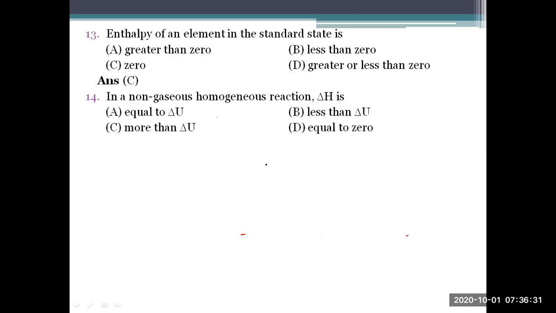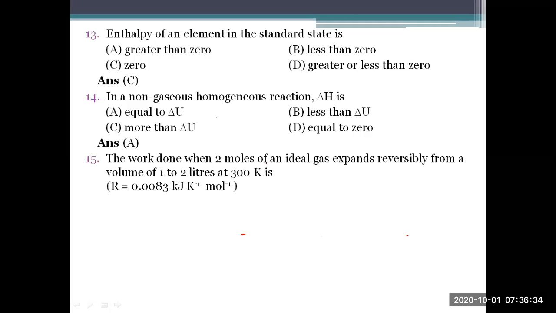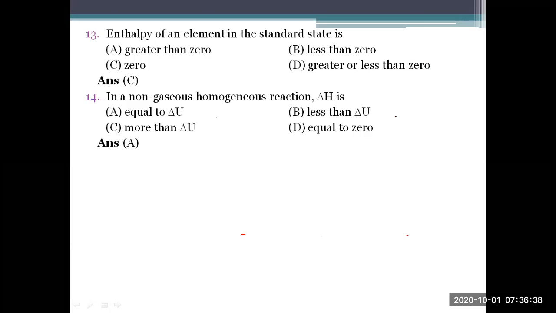Now, delta H and delta U are related. As per the equation, delta H is equal to delta U plus RT delta n. So you need to find delta n for finding out the relation between delta H and delta U, right?